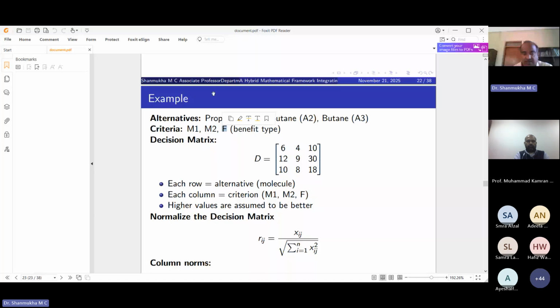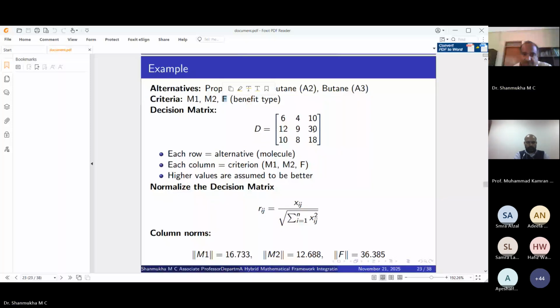Now based on the values of these topological indices, we write the decision matrix, denoted by D. Here the first column values represent the first Zagreb index values of propane, the second column values represent the second Zagreb index values of butane and isobutane, and the third column values represent the forgotten topological index values of butane.